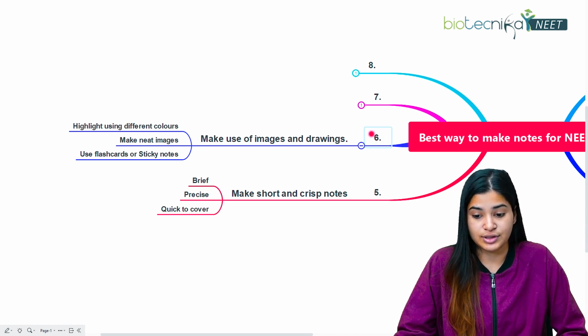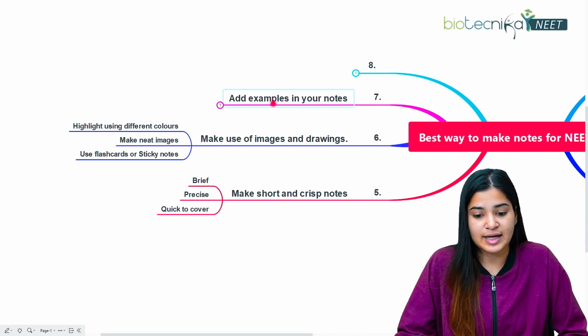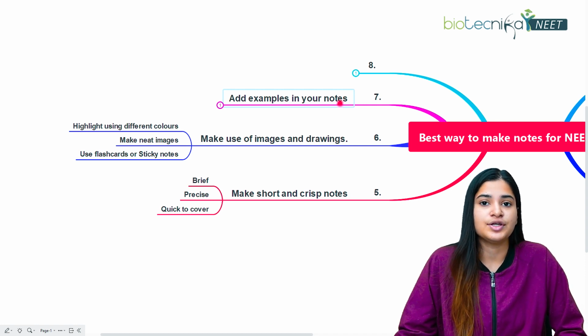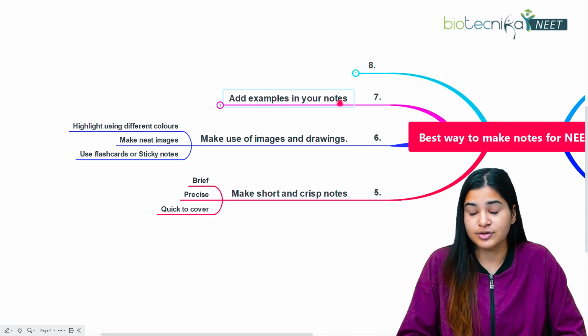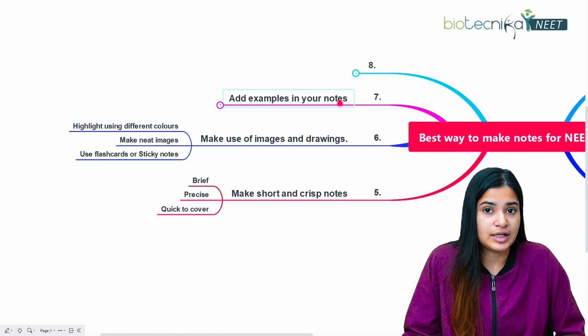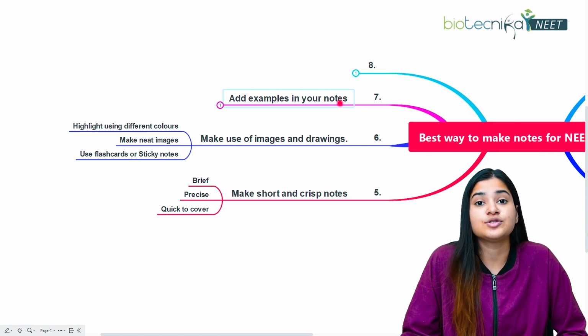Okay, so it's important. Now the seventh point that is important: add examples in your notes. Now you are dealing with a biological phenomenon, a biological structure, physiology, and everything related to it. So if you're not adding examples, how will you be able to relate to it?